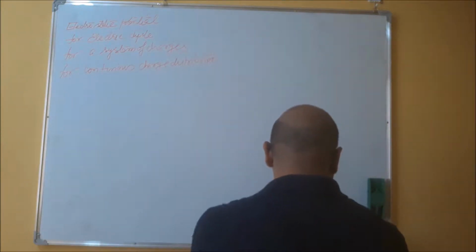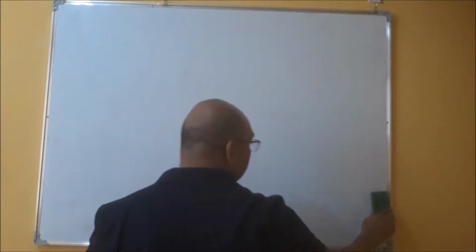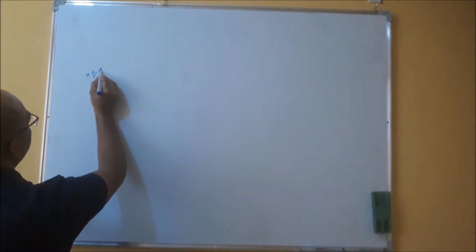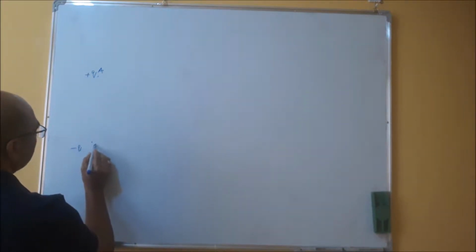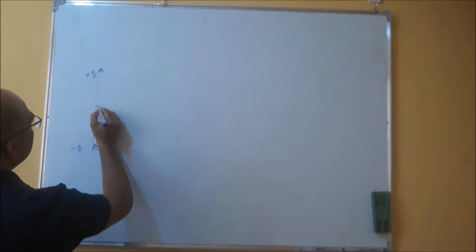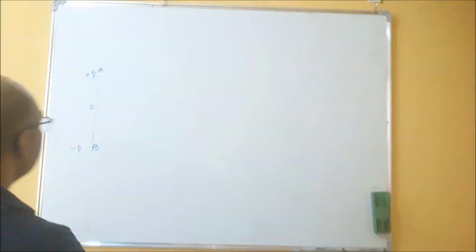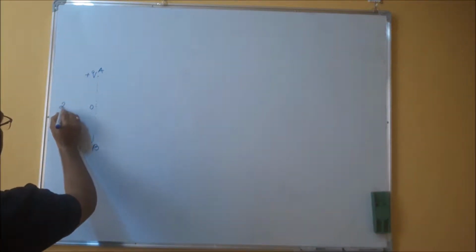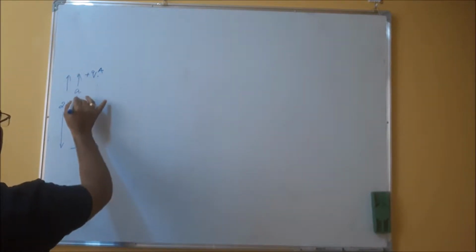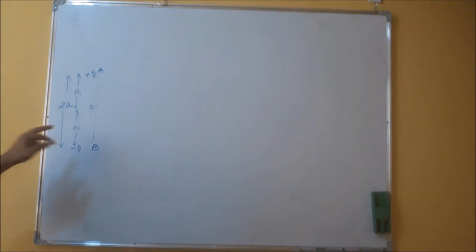Let us start by drawing its figure. Suppose I have a plus q charge particle placed at point A and a minus q charge particle placed at point B, and the center of the dipole is O. Suppose the center is at distance a from plus q and also at distance a from minus q.